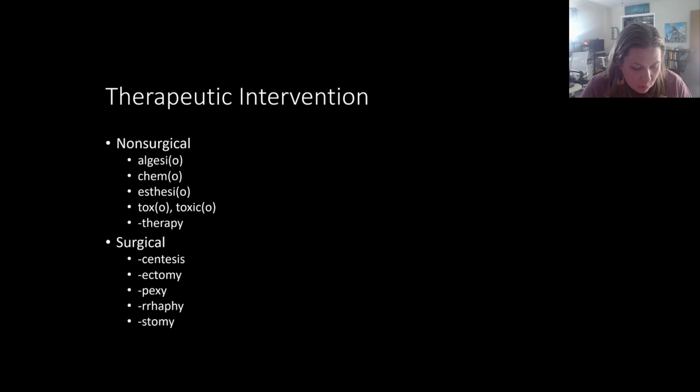You have stomy, which is the formation of an opening. So like a colostomy is where they're going to put an opening or a hole through the body to the colon, okay, in order then to bypass parts of the colon that are causing problems. And so these are all surgical when we're talking about them, okay? So pay attention when you're going through and looking at your charts, which ones are non-surgical treatments or interventions versus which ones are surgical.